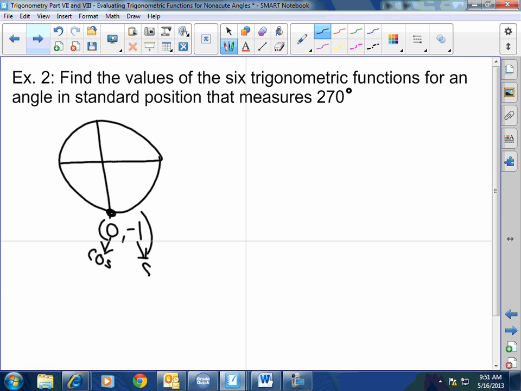Isn't y the sine? So let's check it out, guys. Sine of 270 equals negative 1. And then the cosecant, which is its reciprocal, equals negative 1 as well.